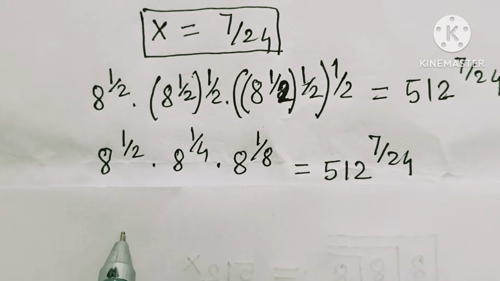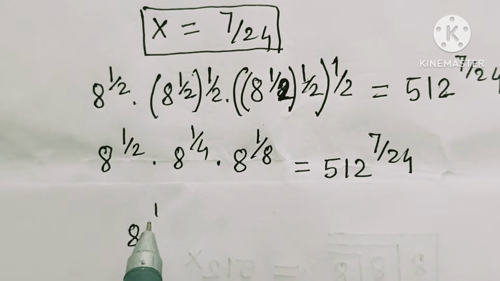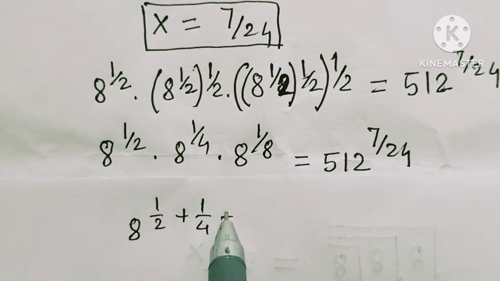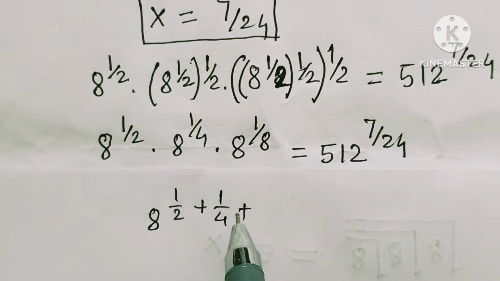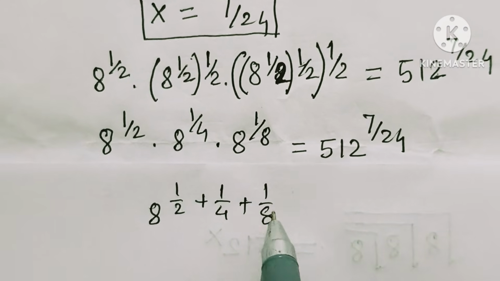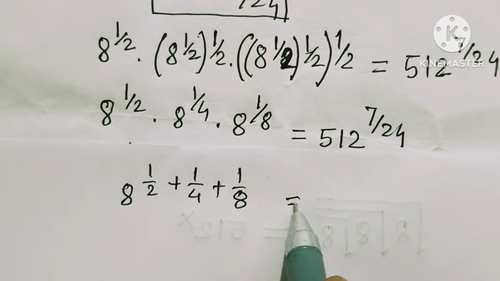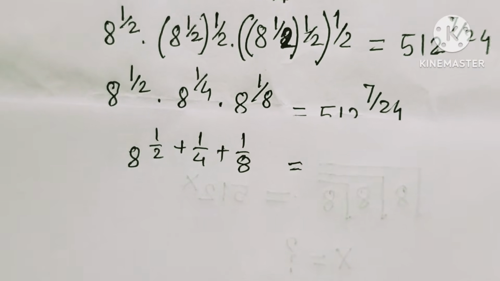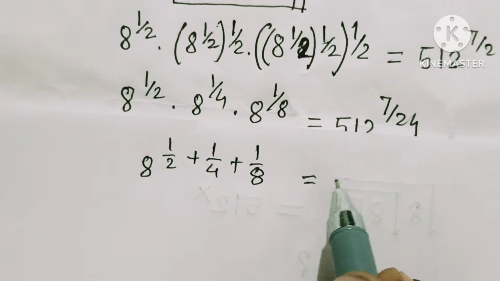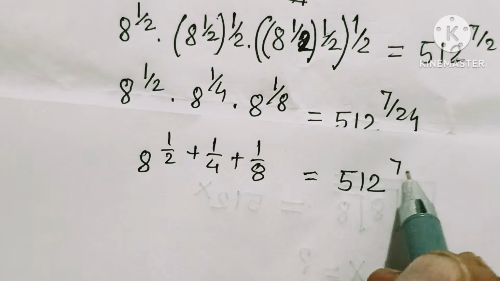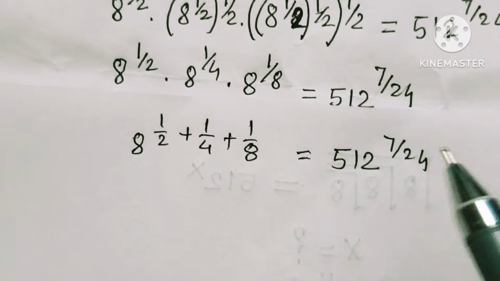Here 8 raised to power 1 by 2 plus 1 by 4 plus 1 by 8 equal to 512 raised to power 7 by 24.